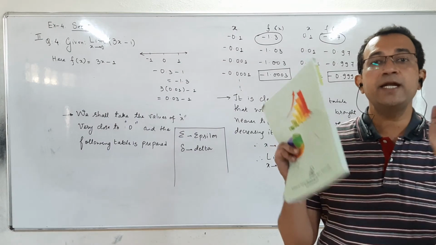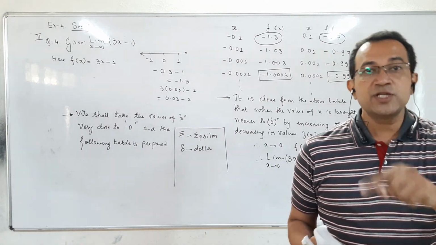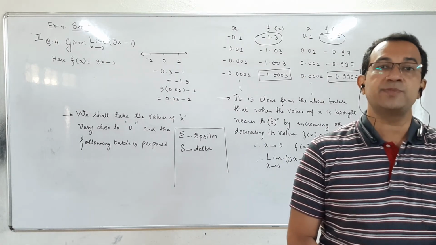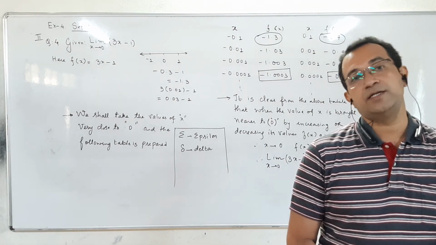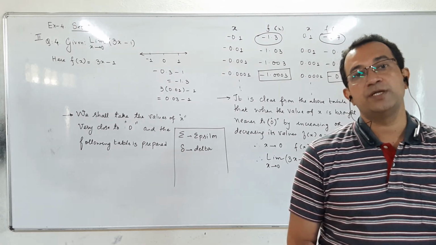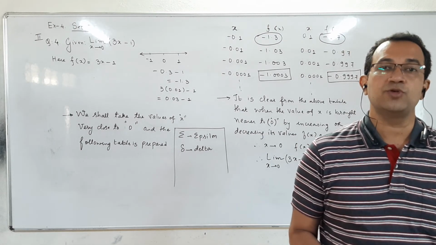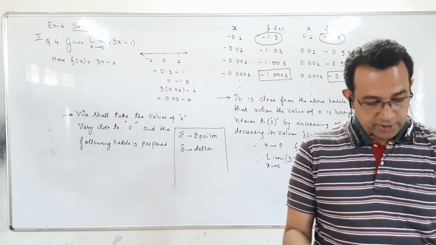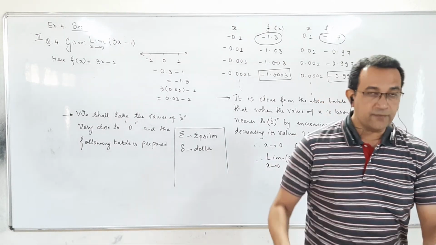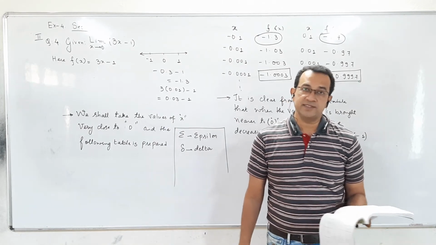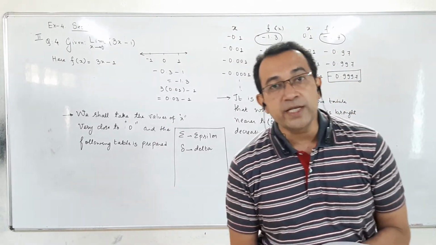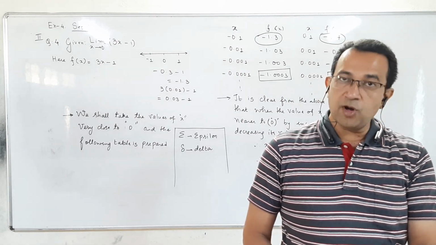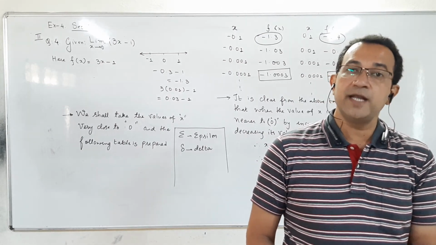So epsilon and delta, epsilon is always given, epsilon will be predetermined, and based on epsilon students we can find delta. So it is simply to be remembered like this. As such, we have no use of definition in the sum. So the definition reads as follows: the function f of x has limit L as x tends to a if for a predetermined epsilon greater than 0, however small, we can find a positive number delta.